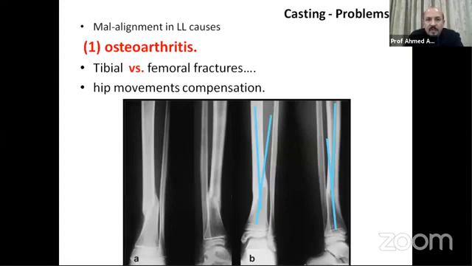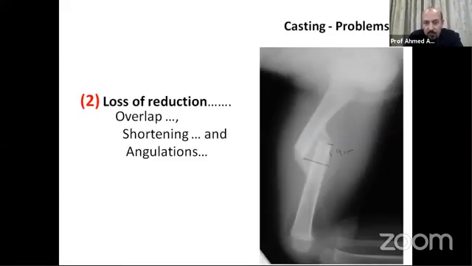But in femoral fractures, because of the hip's ball and socket movement compensation, the hip can compensate for a bigger degree of angular deformity, so it is rare to have osteoarthritis after femoral fractures. But the most common is loss of reduction in the form of overlap, shortening, and or angulations.